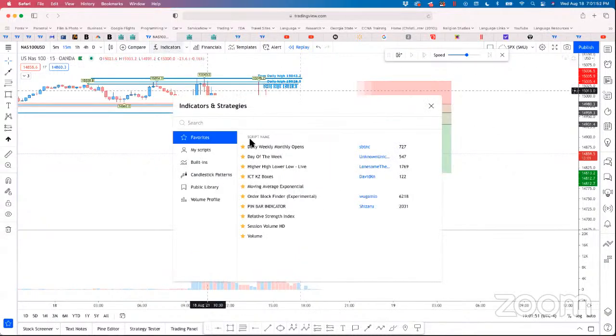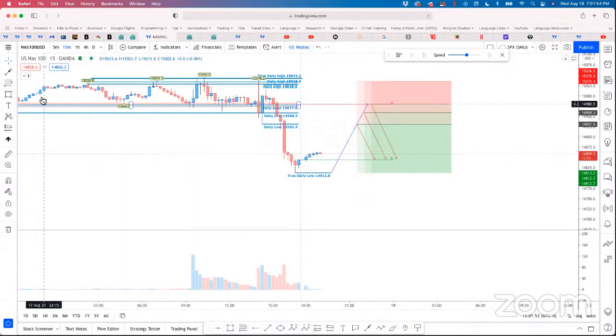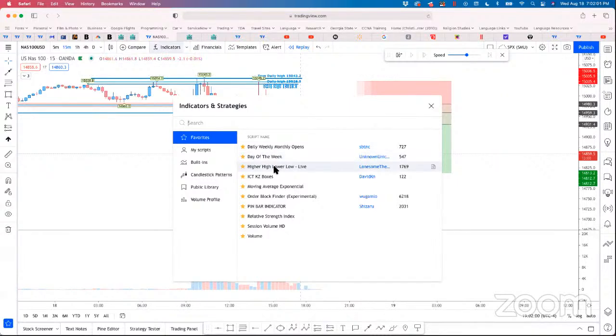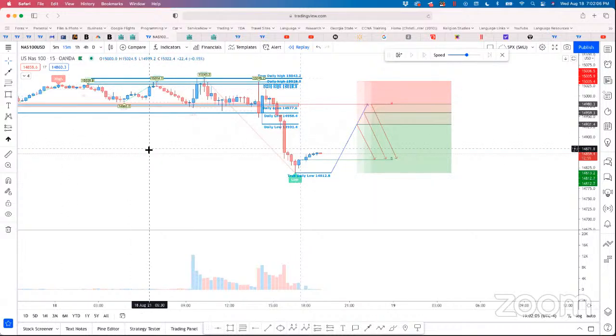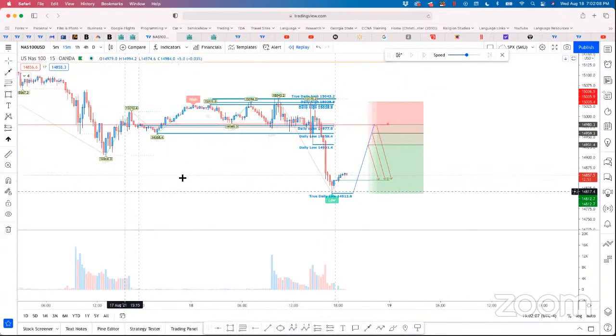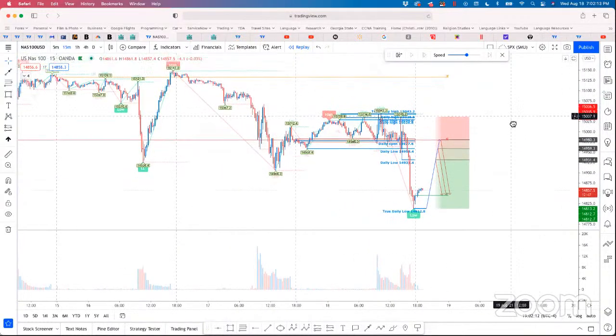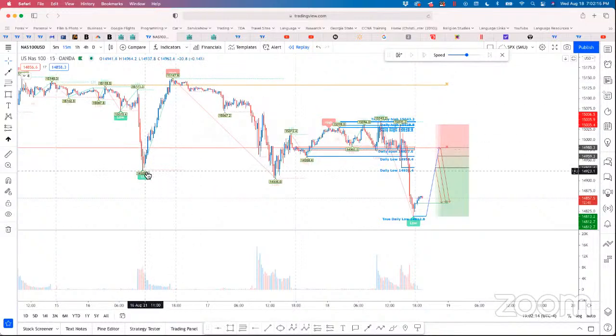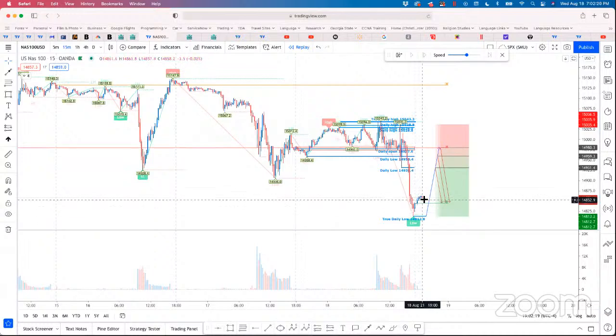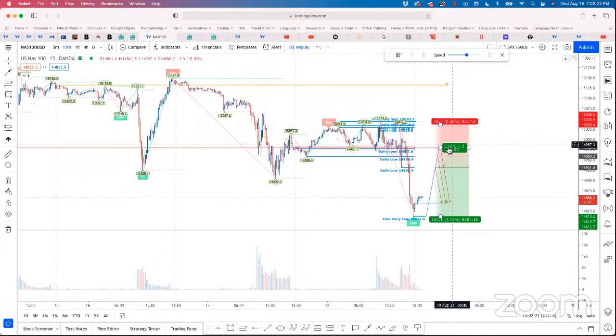Get this indicator out, higher high, higher low, so you can get a clean version of what it would probably look like. Just looking at price action, we had a low, a high, low, high, low. Wouldn't it make sense for a high to come somewhere around here in this area?